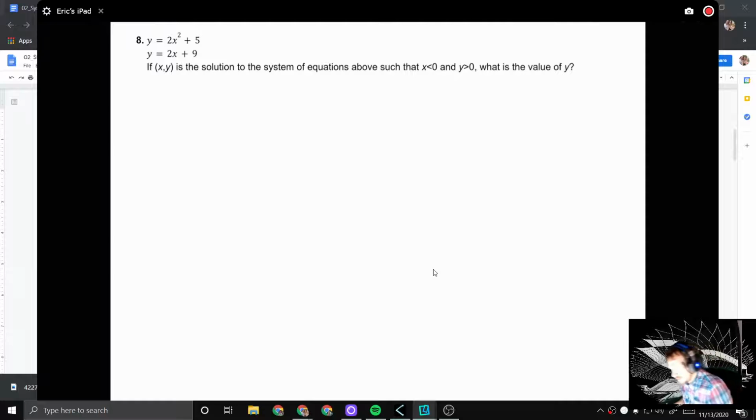Number 8. If x, y is the solution to the system of equations above such that x is less than 0 and y is greater than 0, what is the value of y? Well, here, just like in that earlier problem, we could have two intersection points.